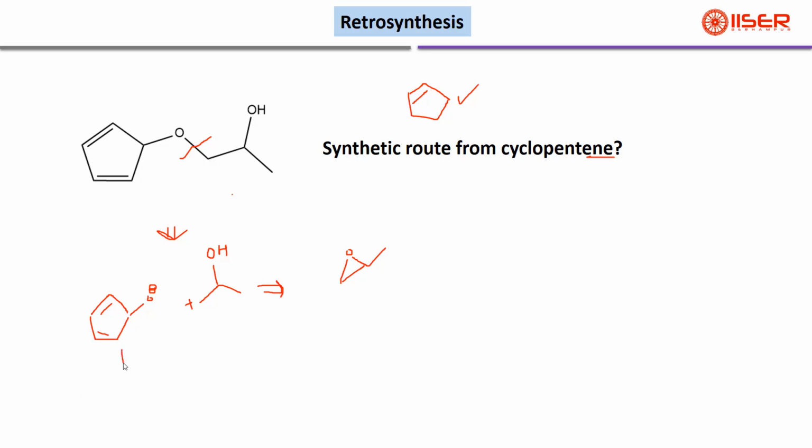Whereas if we do functional group interconversion, if we change the OH group with a bromine, this can be an OH. Next is functional group interconversion, FGI.